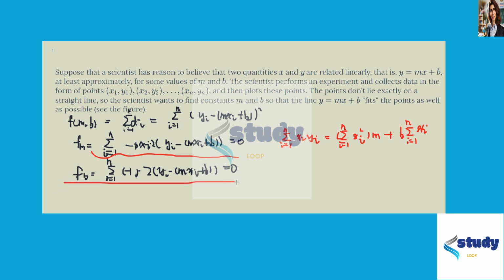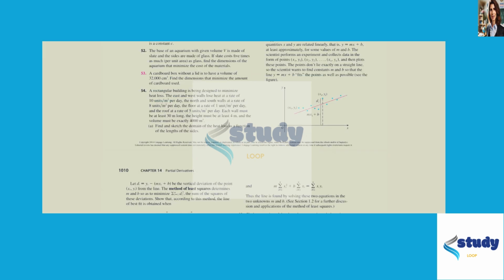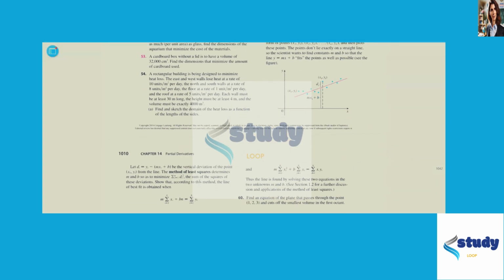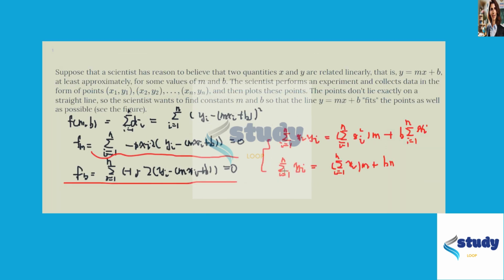From the second equation, we have the sum, i from 1 to n, of yi equal to the sum, i from 1 to n, of xi times m plus b times n. So we have the line of best fit is obtained when these two equations hold.